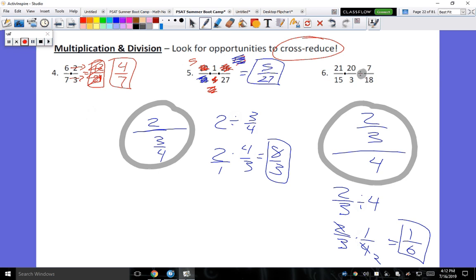Although they kind of look the same, why are they different answers? Because division is not commutative. Division order matters. Nice. So they're subtle, guys, but these are huge things that I'm asking you as far as how well you know the stuff.